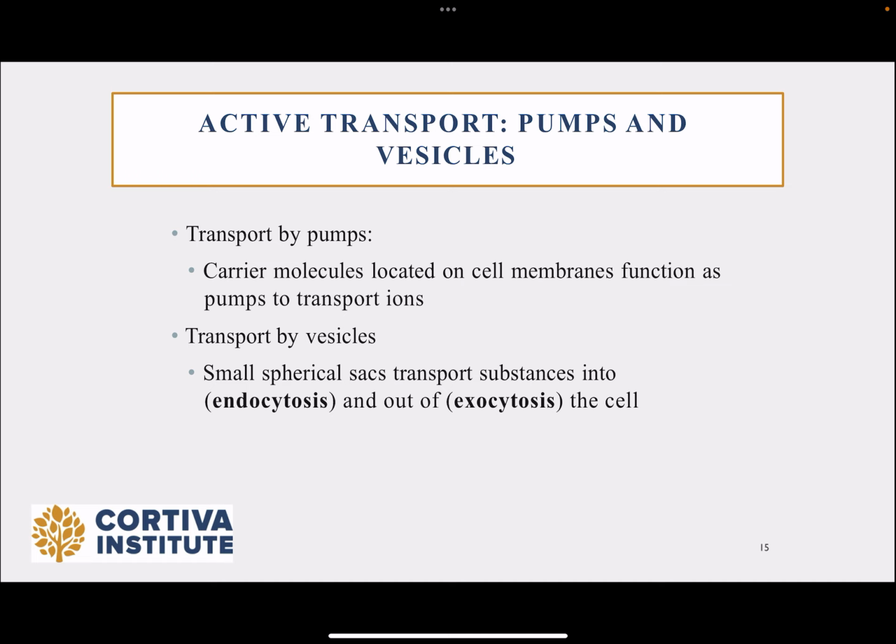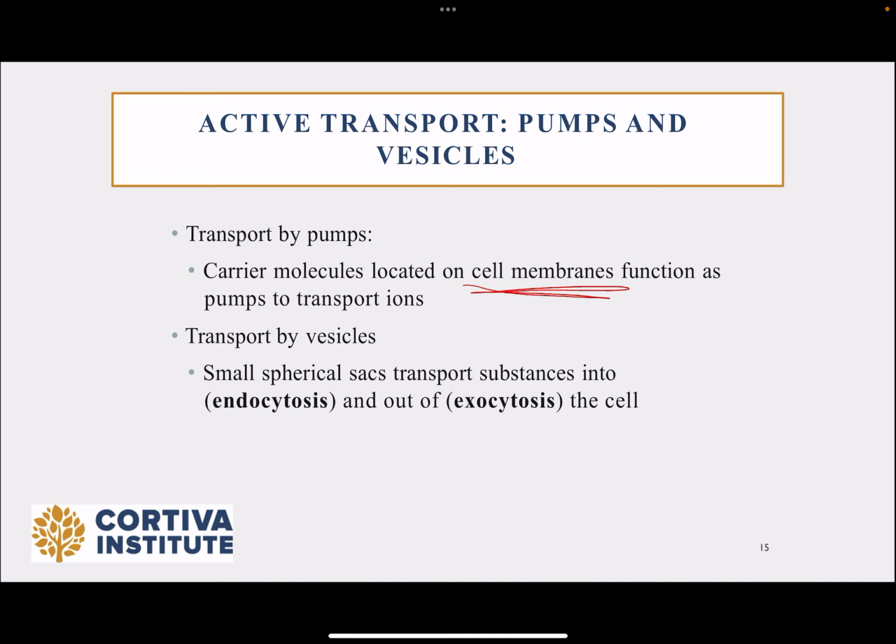So the transport by pumps, that is a carrier molecule that is located on the cell membrane, and it's going to let things come into the cell, such as ions, right? So just to say that one more time, the carrier molecule located on the cell membrane is going to function as a pump to transport ions, right?